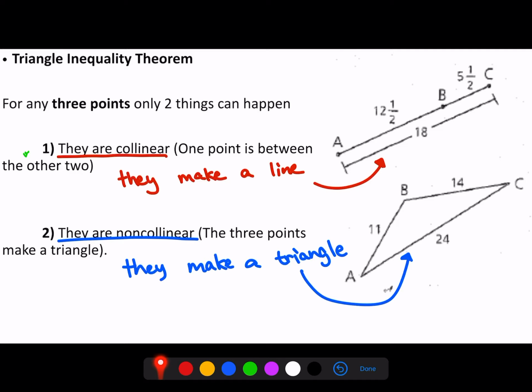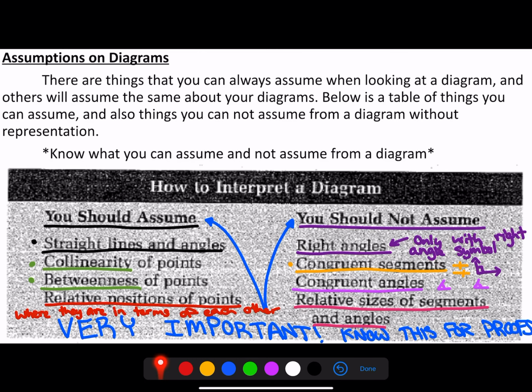The last thing I want to talk about is assumptions before we finish off today's lesson. Assumptions on diagrams. So these are all very important, especially as we move towards proofs. There are certain things that we can assume based upon a picture, and there are certain things that we cannot assume based upon a picture. The first one that we can assume is straight lines and angles. So if I were to see a straight line, I can automatically assume that's 180 degrees.